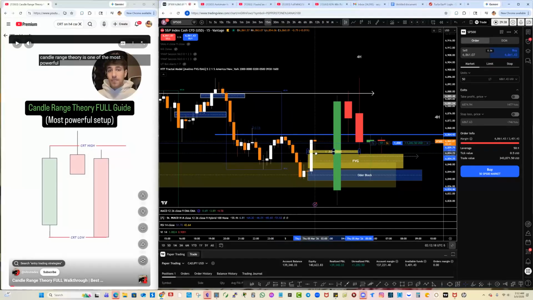So this pullback is an opportunity. But the best way to enter this trade is to get a closure of a bullish candle towards the upside from here, say from here like this up.